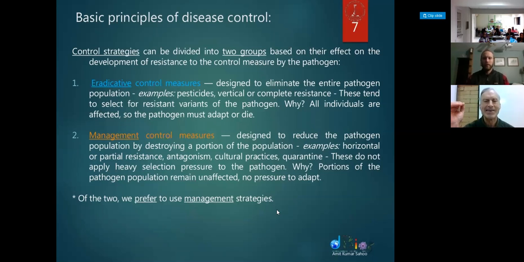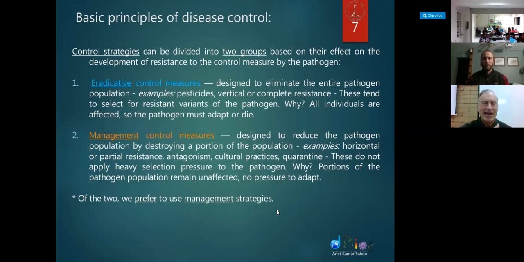Then you need a new pesticide because the old one doesn't work anymore. That's called the pesticide treadmill. You have one pesticide and it works for a while, and then it doesn't. You get another, and so on, and you have to keep developing pesticides.